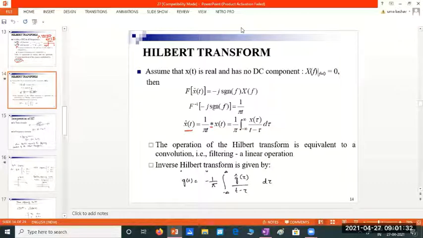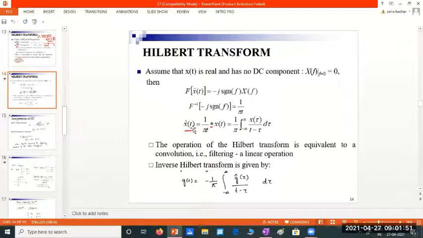Yeah, thank you. So we spoke about the Hilbert transform in the last class, and how a Hilbert transform of a given signal will give us the 90-degree phase lag version of the actual signal in the time domain itself.